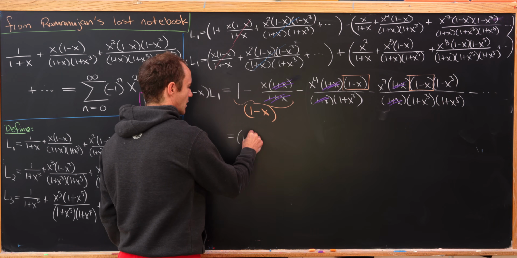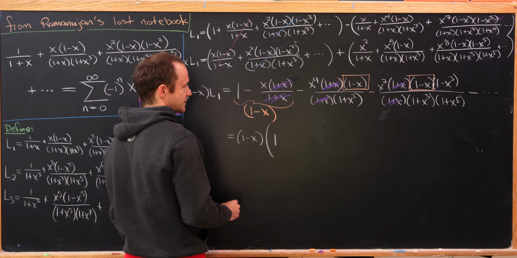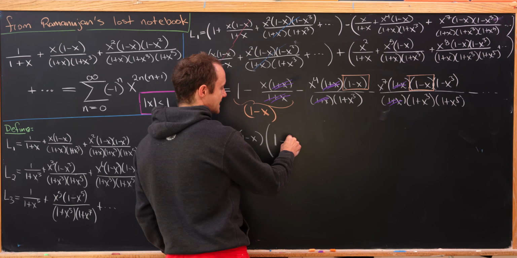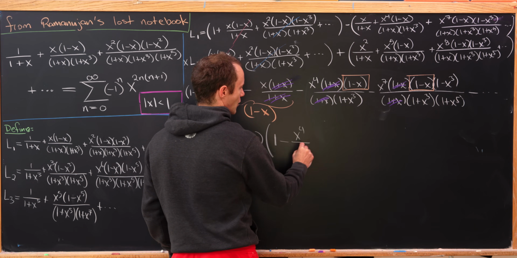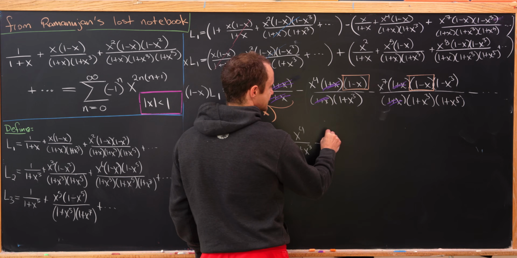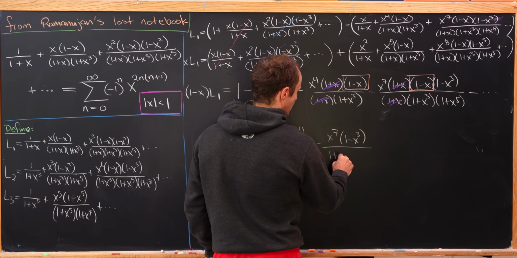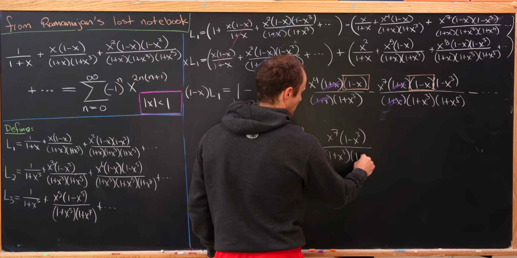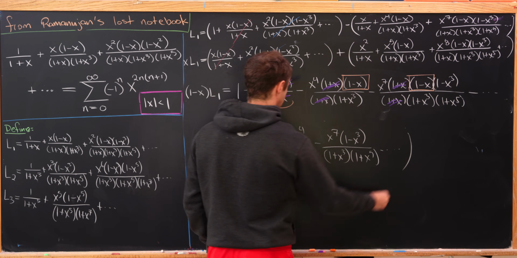So that's going to give us 1 minus x, and then we'll be left with 1 from factoring out of this first term. And then minus, well, let's see, we'll have x to the 4th over 1 plus x cubed. And then minus x to the 7 times 1 minus x cubed over 1 plus x cubed times 1 plus x to the 5th, and then so on and so forth.